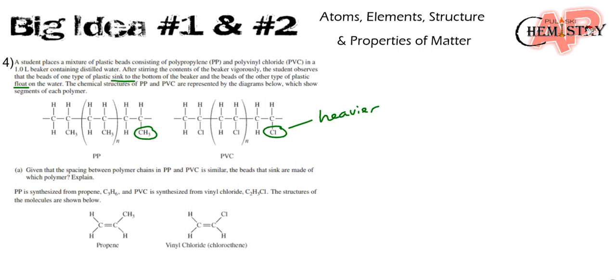So it would make sense that A, PVC sunk. And I would say because the chlorine is heavier, it has a greater mass than CH3. Cl has a greater mass than CH3. That's it. I didn't know that beforehand. I looked at the pictures and I said, well, okay, here's the difference. Well, Cl's heavier. That's the point.